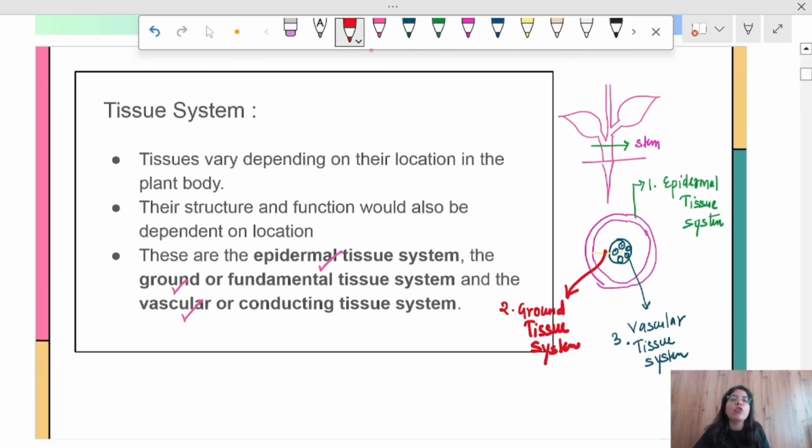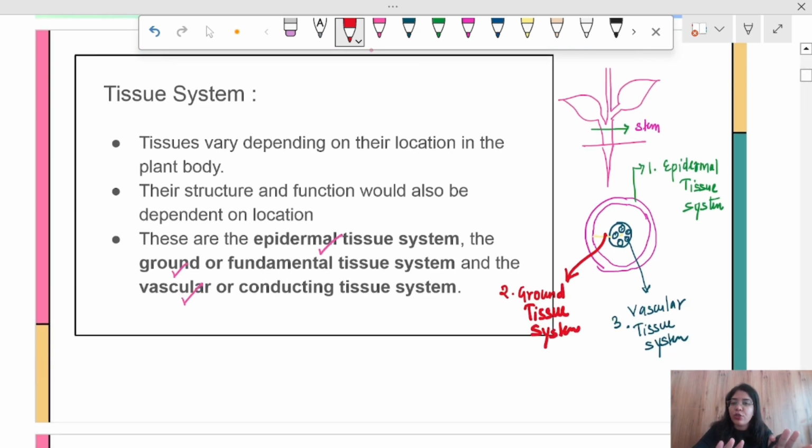The majority of the plant body is made up of this tissue system. So can you see the position and location where these different tissue systems are present? The outermost body of the plant is covered by a protective tissue system, which is called the epidermal tissue system. The central part of the plant body has some conducting strands, those tissues which help in the conduction of water and food.